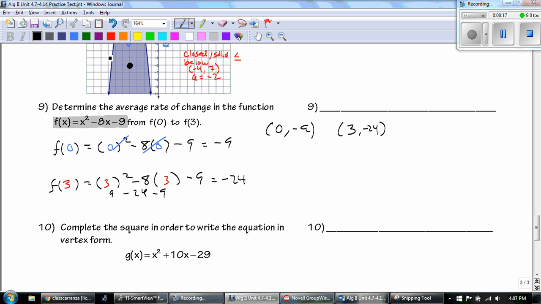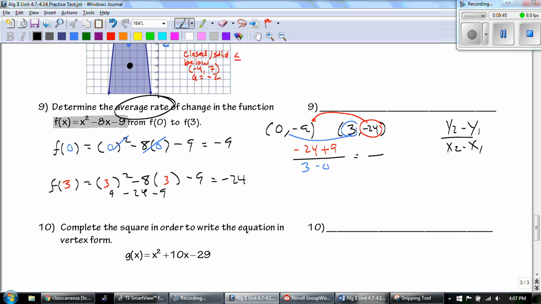Okay? Now, that's not my average rate of change because I need to find the y2 minus y1 over x2 minus x1. So I start at -24. I have -24 minus -9 over 3 minus 0.